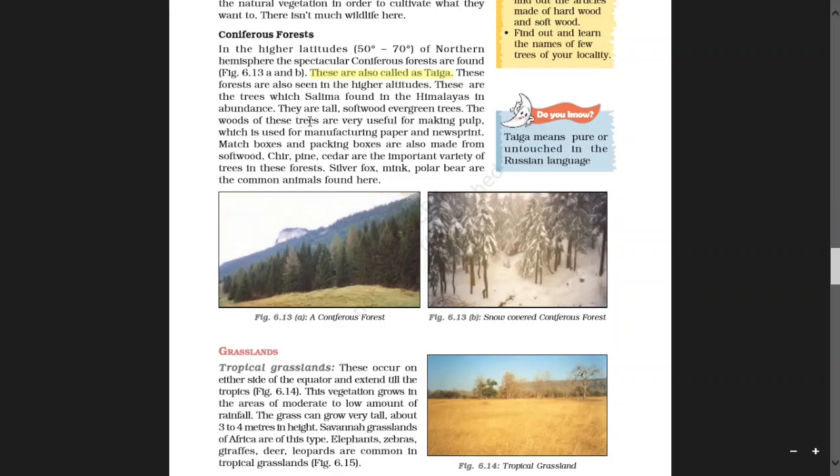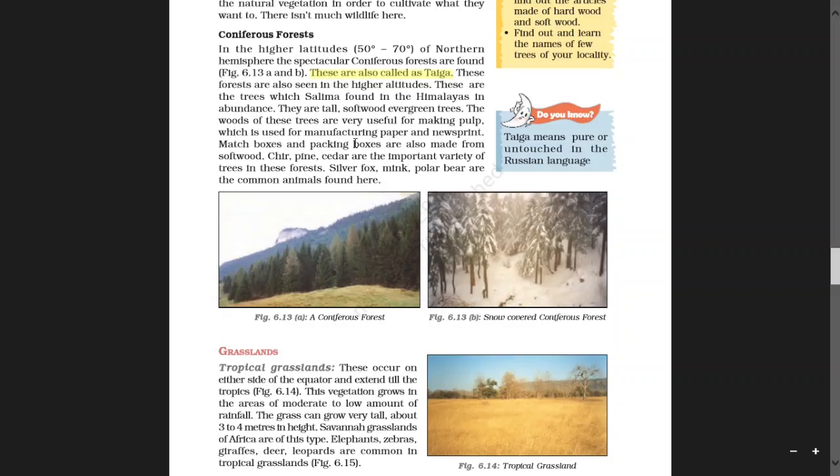The wood of these trees is very useful for making pulp, which is used for manufacturing paper and newsprint.